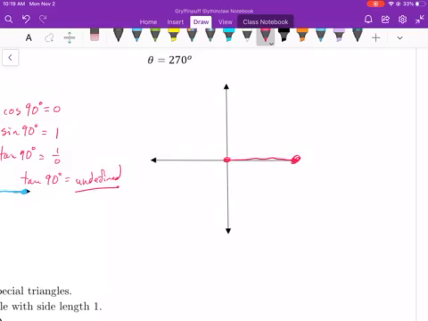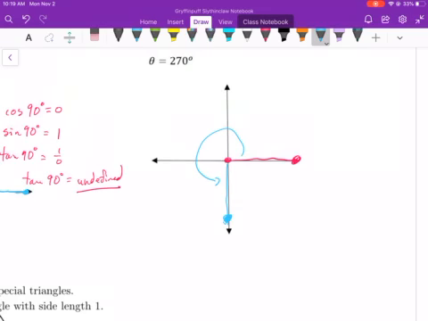Here's my initial arm. My terminal arm at 270 is straight down, so my angle goes all the way around here. There's a point that exists on that terminal arm. Now, we're 1 unit away. It has coordinates 0, -1. So if you want, you can test this out in your calculator. The sine of 270 degrees is the y-coordinate of this point, -1.